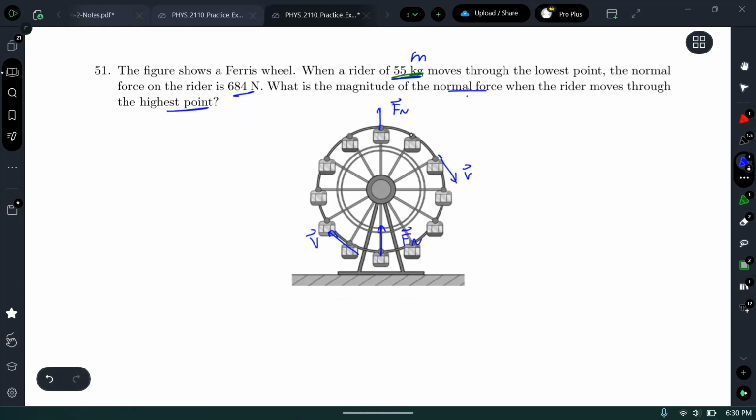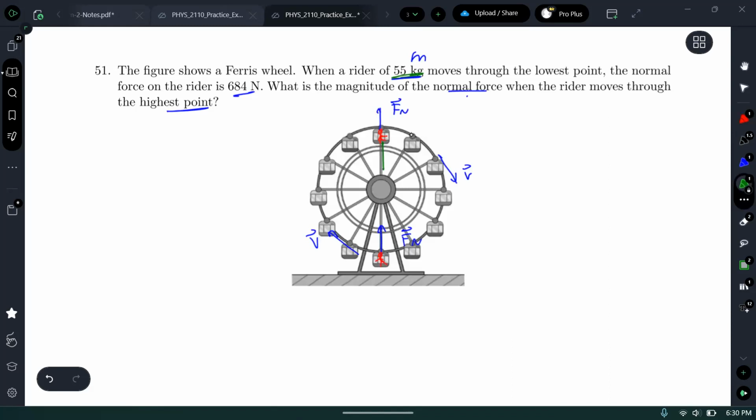In that case, that means the Ferris wheel is undergoing uniform circular motion. And so as a result, so is the person sitting in any one of these cars, whether they're sitting at the top or bottom. Why that's relevant is if they are moving at a constant speed in a circle, they're also feeling a centripetal acceleration that has a constant value.